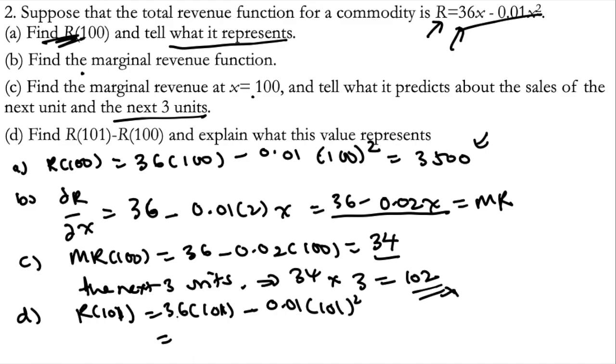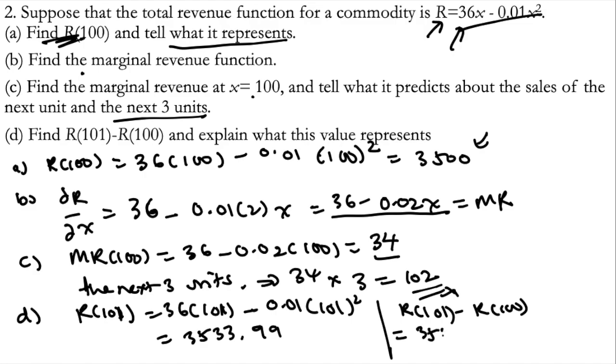What you're gonna get here is basically 3533.99 something, and then only from here you can get the difference between revenue of 101 minus revenue of 100, which is equivalent to 3533.99 something minus 3500, which is 33.99.